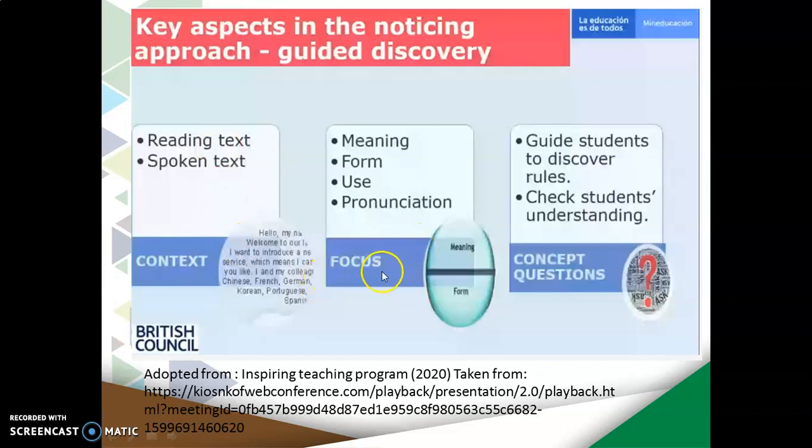After that, we focus on whatever we want to teach them: the meaning of the grammar structure, the form, the use, the pronunciation. And finally, through the concept questions, we guide students to discover the rules and we check student understanding.